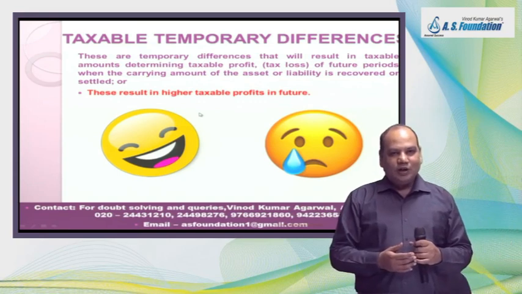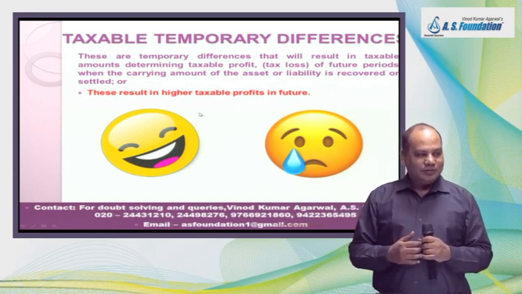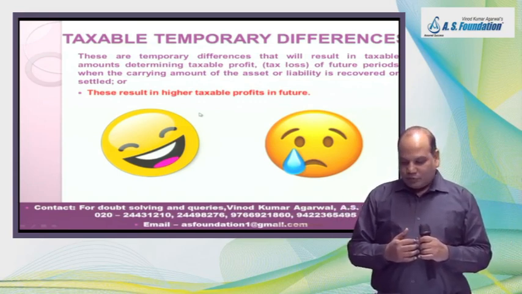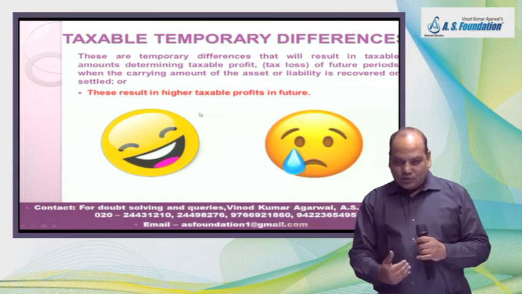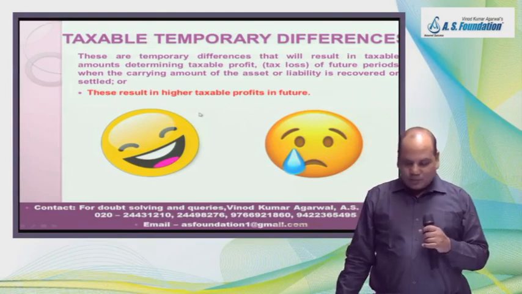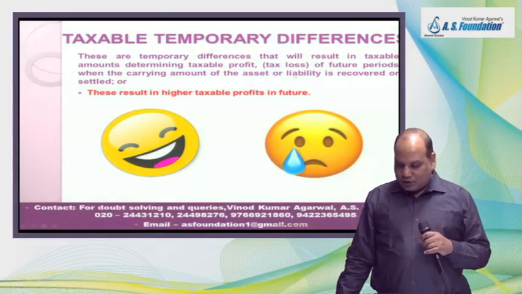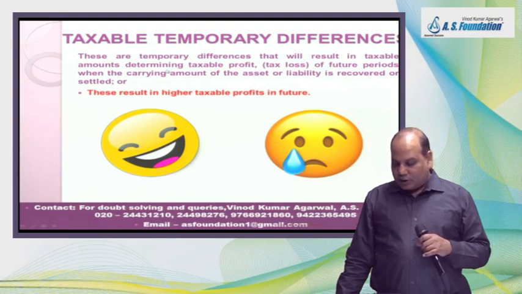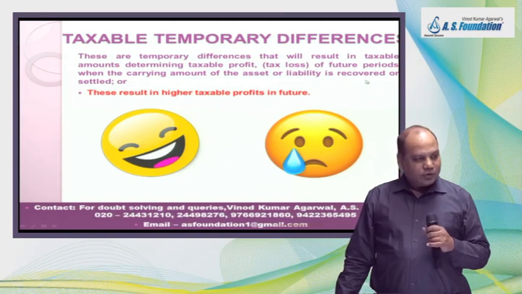Taxable means, will it give rise to an asset or a liability? Liability. It will give rise to a liability because this difference will be taxed in future. Taxable temporary difference will result in taxable amounts in determining taxable profit or tax loss of future periods when the carrying amount of the asset or liability is recovered or settled.